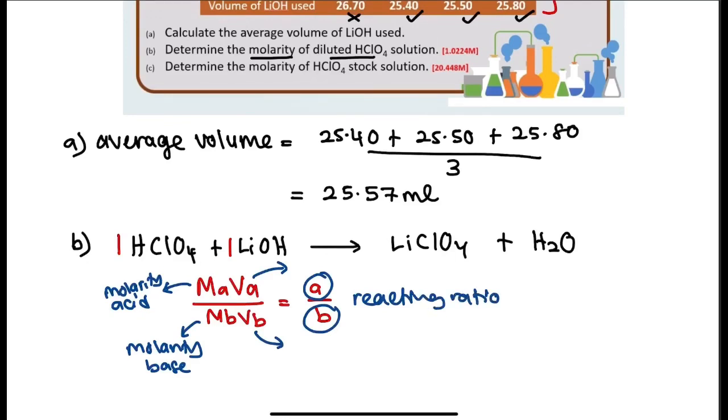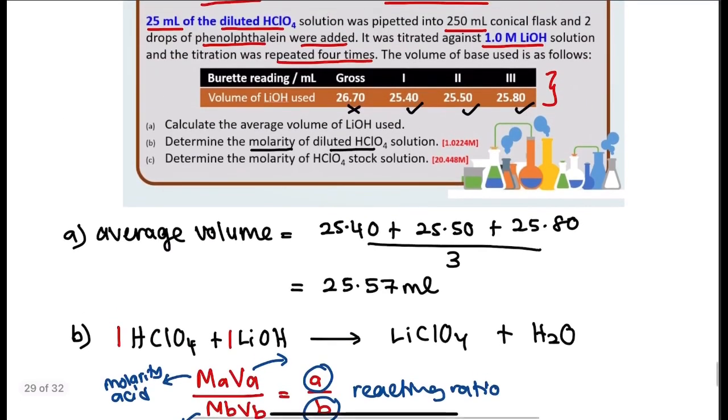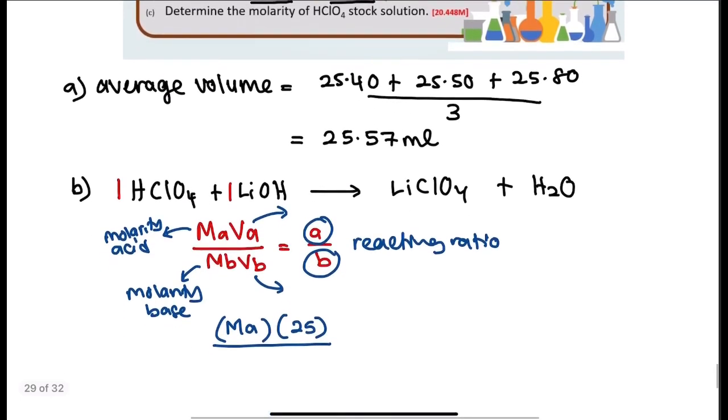So let's substitute in the corresponding values. Ma is what we would like to find. Volume of acid used would be 25 ml. Molarity of base is given in the question, whereby it is 1.0 molar.